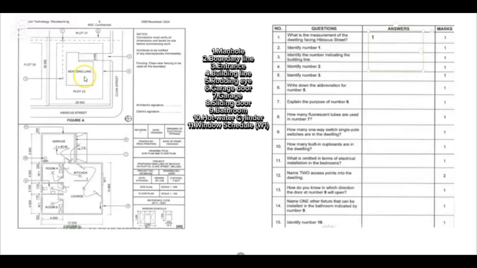Number 2, this line along the edge of the property, that's your boundary line. It marks the limit of the property plot. Now number 3, this section leading from the road to the house, that's your driveway, or you can say it's an entrance or even an exit where vehicles enter the site.